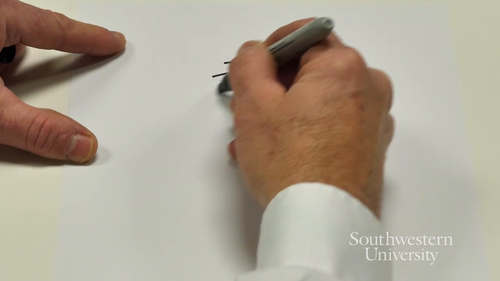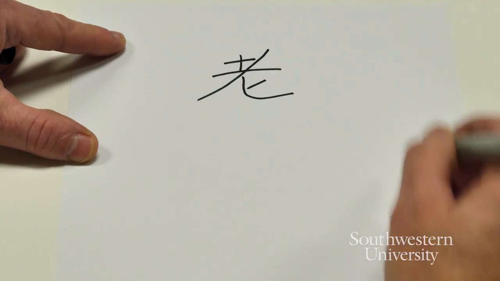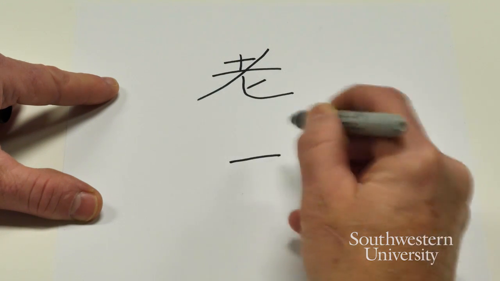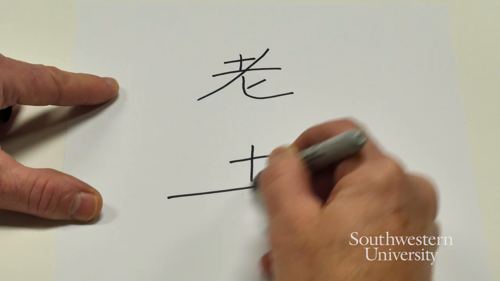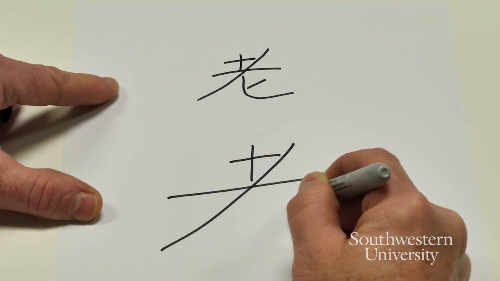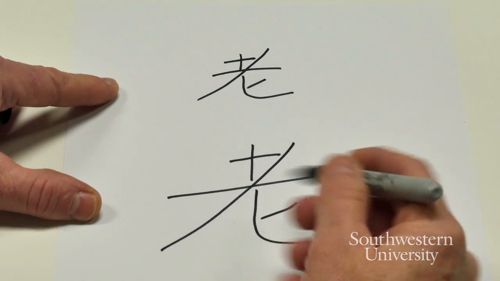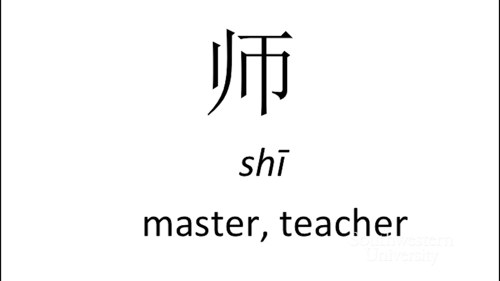And then it has a diagonal part through it, and then this spoon-looking thing at the bottom. Let's write that out in order. Hung, shu, hung, pie, shu wang go, lao, means old, the first component in lao shi.